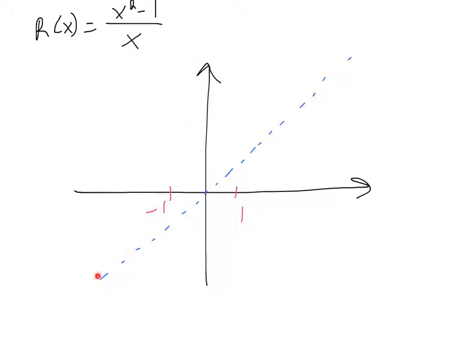And it also has to approach this, and having to cross through here. So the only way that's possible is if it does this, right? So we can sort of just run our line through here. And then on this side, it has to pass through here, it has to approach that asymptote, and then it has to approach that asymptote. So that is what our function should look like there.